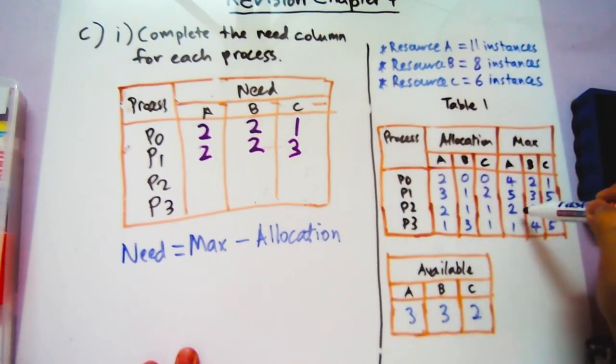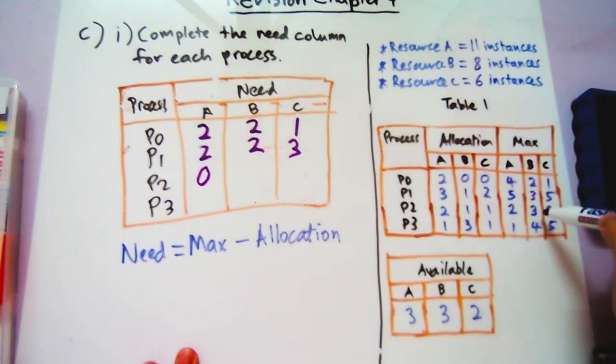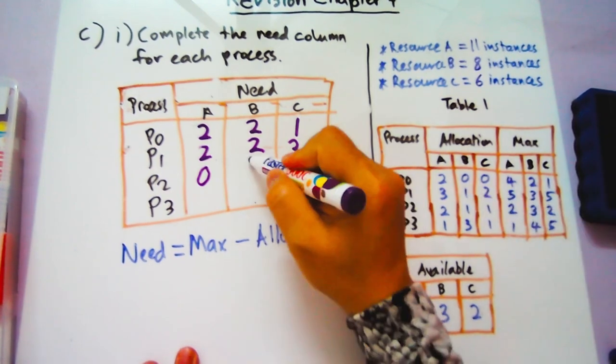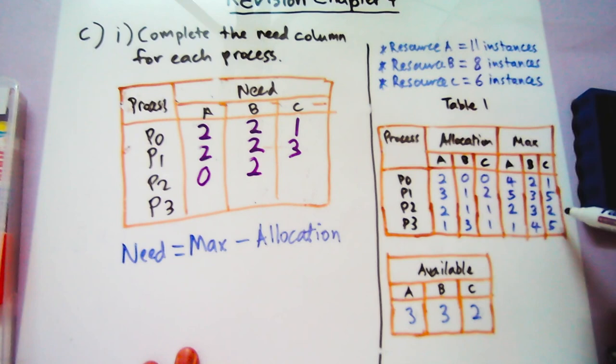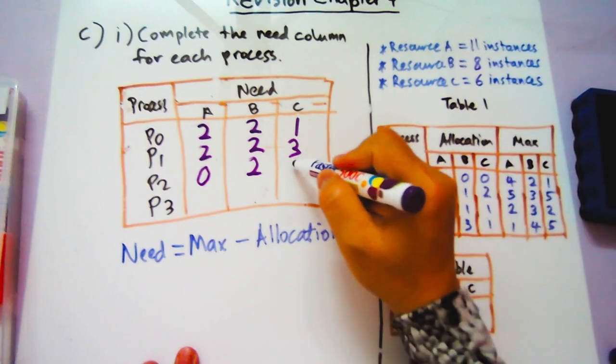The max for resource A is 2 and its allocation is 2, so 2 minus 2 equals 0. For resource B, the max is 3 and the allocation is 1, so 3 minus 1 equals 2. And for resource C, the max is 2 and the allocation is 1, so 2 minus 1 equals 1.